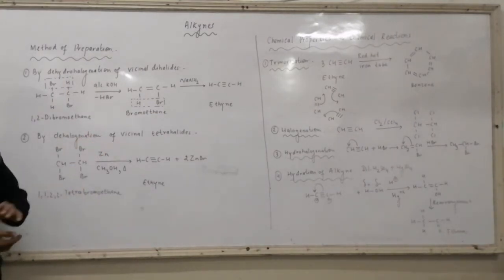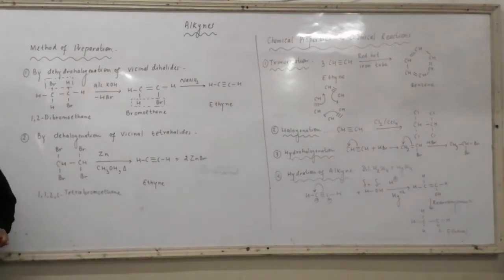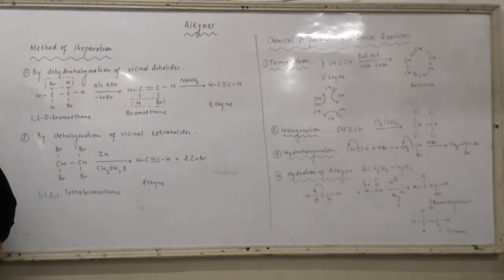There will be two Br removed. Now, when Br is removed, it creates a bond deficiency of 1 over the carbon. So we will have a new bond, a double bond. When one more Br from here and one more Br from here is removed, then we will have one more bond, meaning a triple bond. So in this manner, we will get ethyne.